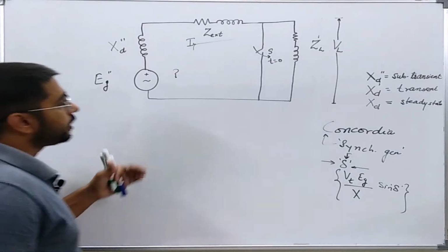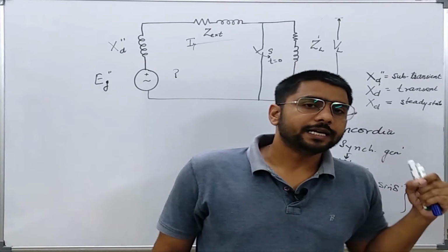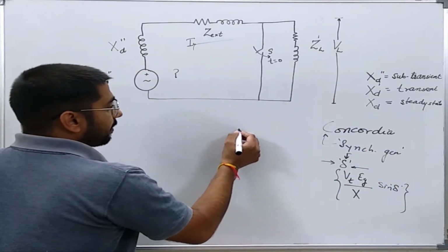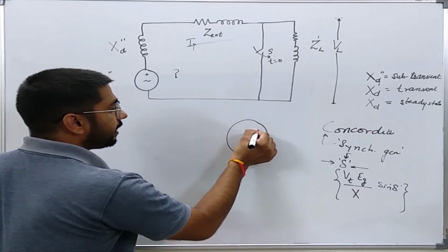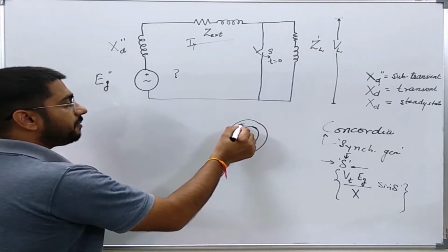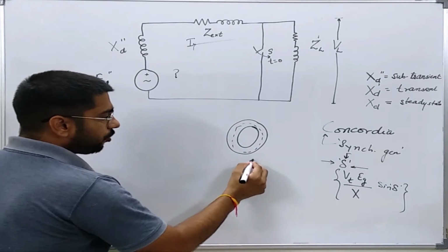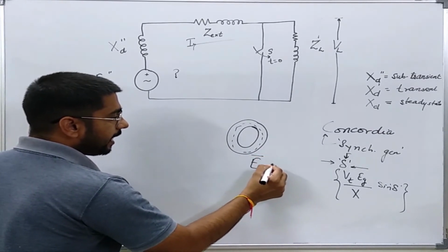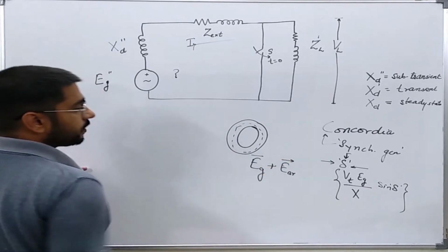Okay. Now to see it more practically, we know that the air gap EMF, let us say this is the synchronous generator, this is the rotor. The EMF generated in this air gap consists of two parts: the no load generated voltage and the armature reaction voltage.